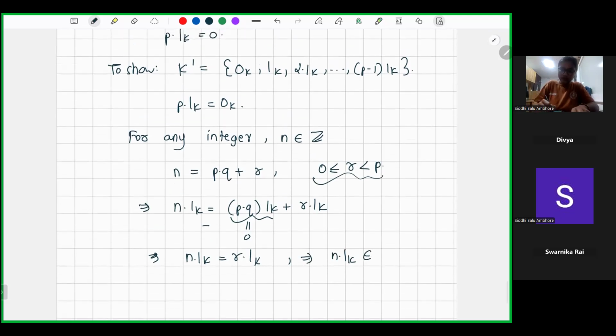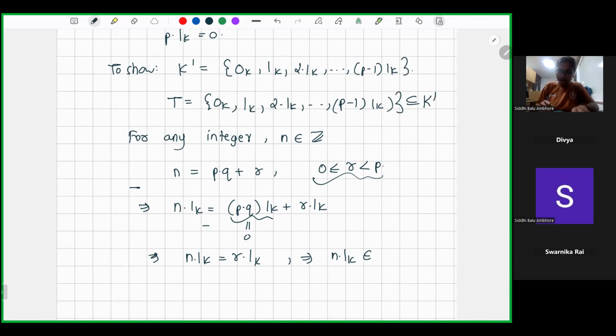So if I call T equal to this set, this is contained in K'.